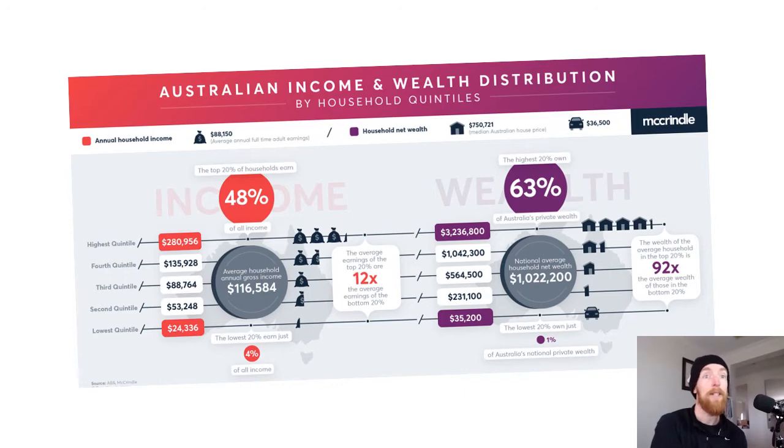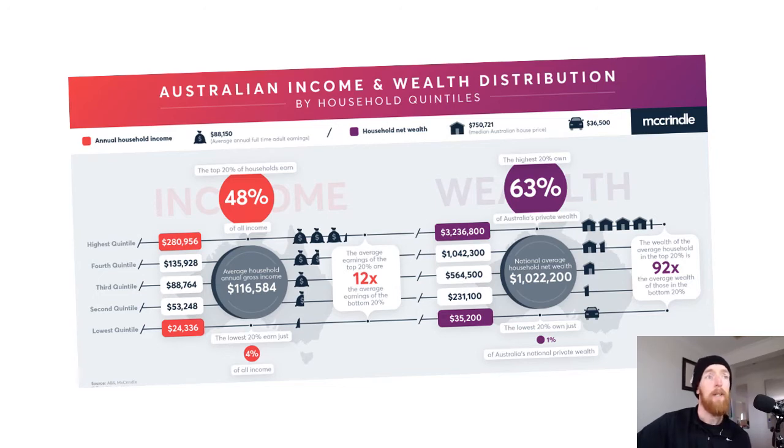So the lowest quintile is not getting a significant amount overall, and their wealth is only about $35,200. So that's really low. Like, they don't own much either. They've only got about $10,000 of assets, which is pretty scary, and they only have 1% of national private wealth.